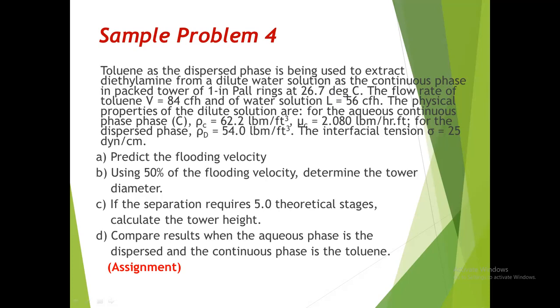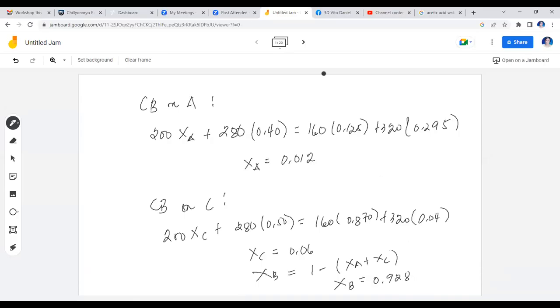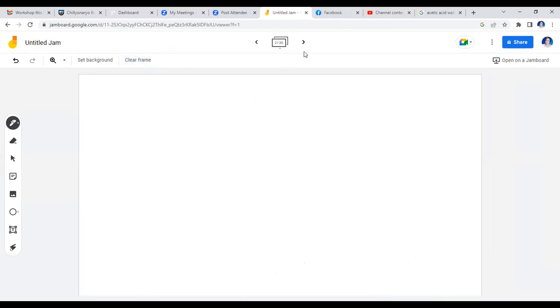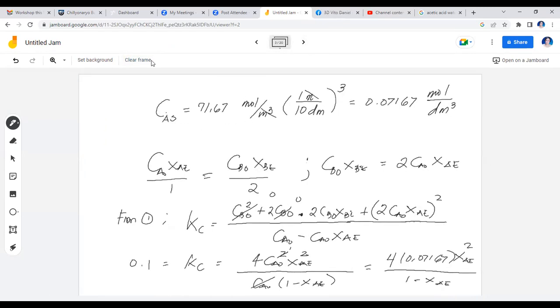Okay. Have you taken already a screenshot of the problem? Please take a screenshot and we'll have it solved on the Jamboard. Sige, I'll transfer now to the Jamboard. We'll go to the next vacant slide. So we'll have this cleared, class. I cannot make any more because I have plenty of Jamboards, I think.